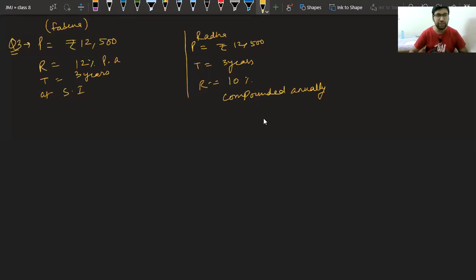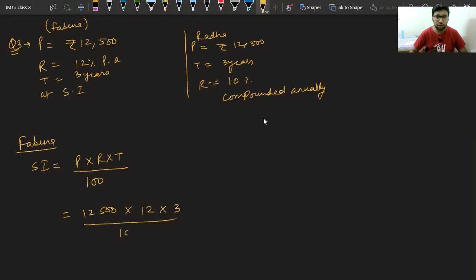We will first find the first case for Fabina. We all know simple interest is given by P into R into T upon 100. Just put the formula. P is how much? 12,500 into rate 12%, time 3 years upon 100, zeros cancel.